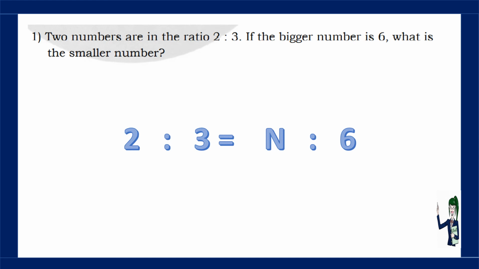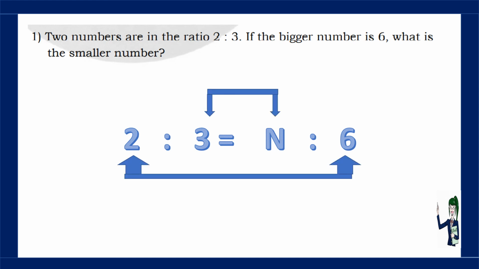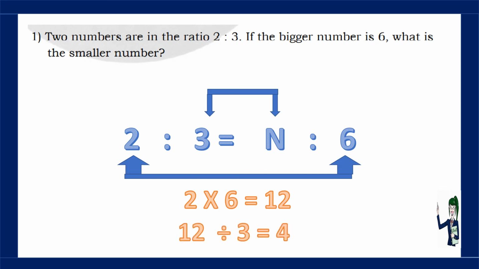The missing part is the smaller number. Then identify the parts, the means, and the extremes. So multiply the extremes because that is the complete part. 2 times 6 equals 12. Then 12 divided by 3 equals 4. Therefore, the smaller number is 4.